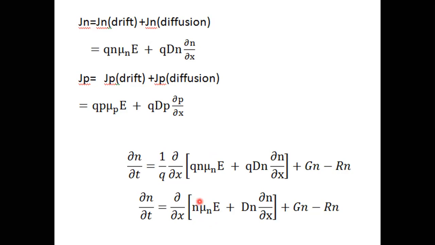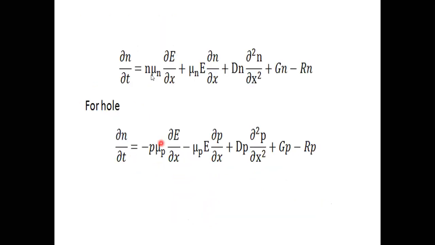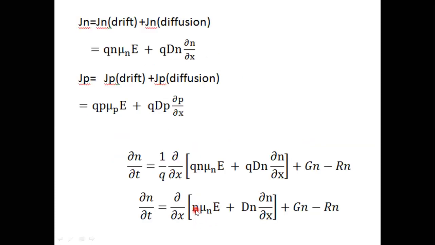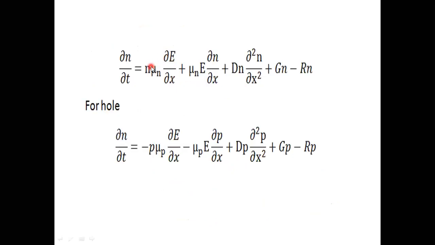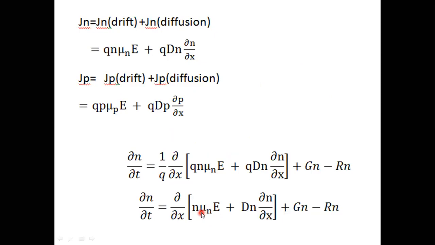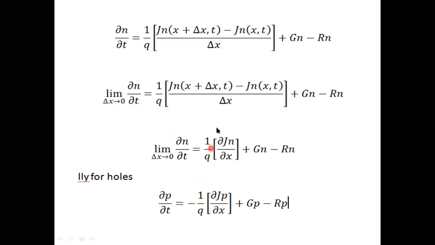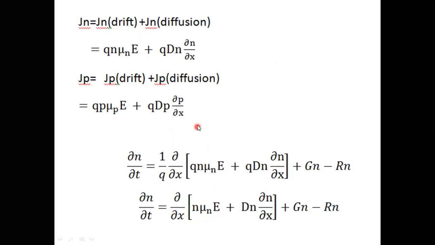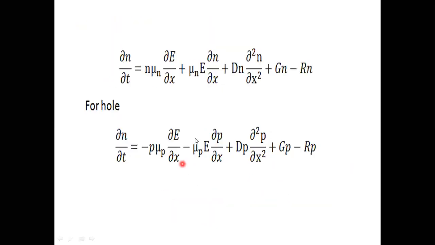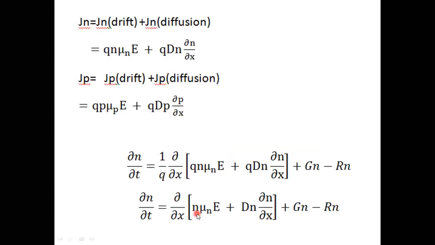So, uv formula, u dash into v plus v into u dash, that I am writing here. n into mu n dou E by dou x plus n into dou n by dou x mu n into E, dou n by dou x mu n into E. Okay, so I am doing partial differentiation here.